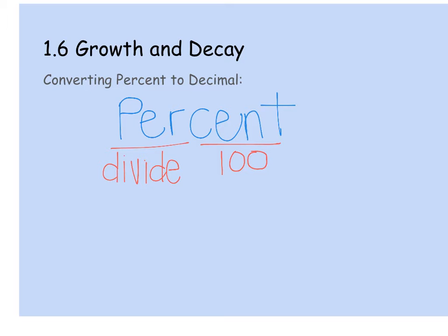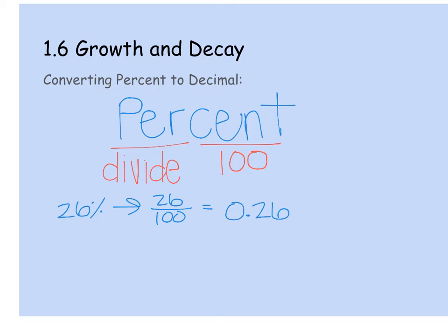That's what percent means. I'm going to show just a few quick examples, like 26%. We would do 26 divided by 100 and that gets us 0.26, okay? Now, I know some of you might say, well, I just moved that decimal back twice.